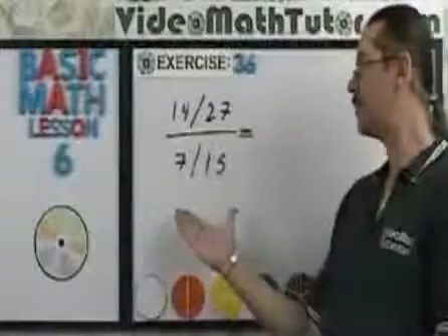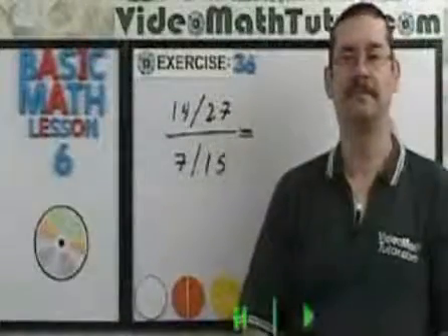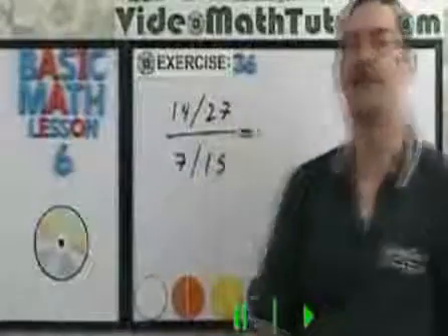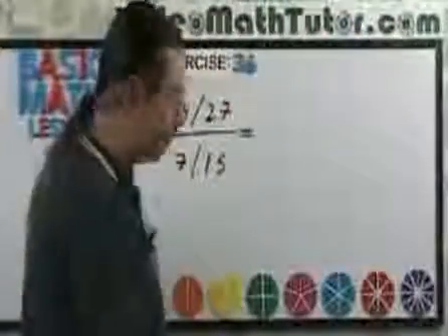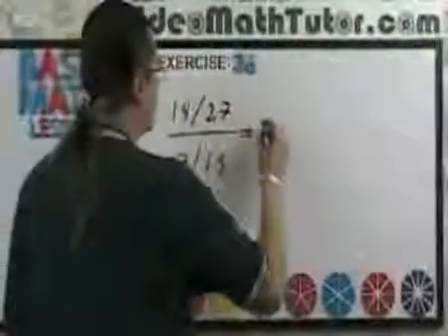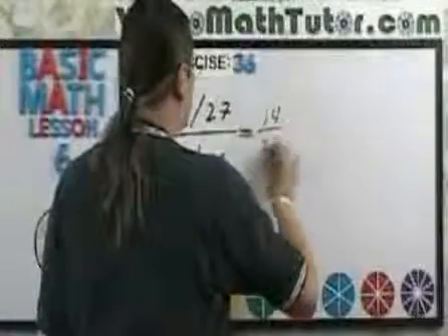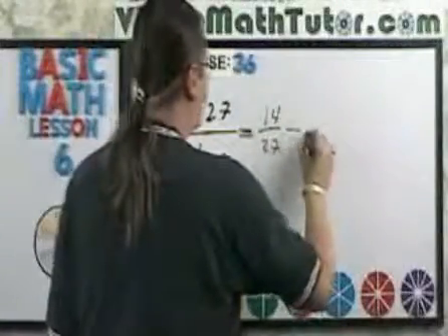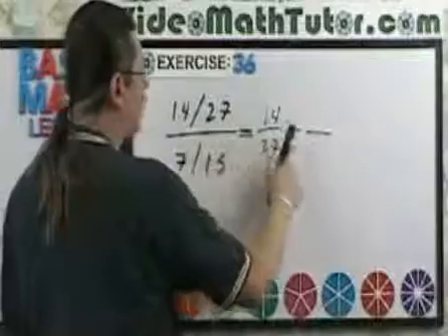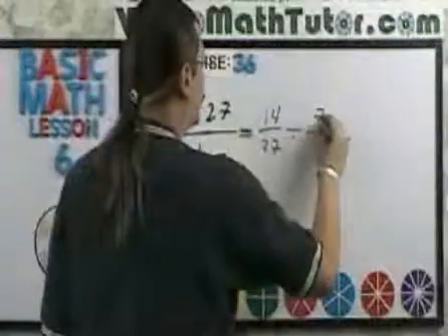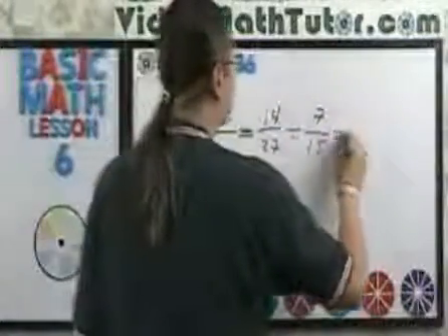And I'll go ahead and try this one right here. Well, we need to do some rewriting. So this becomes 14 27ths divided by, because again the main fraction bar becomes a division symbol, 7 15ths.